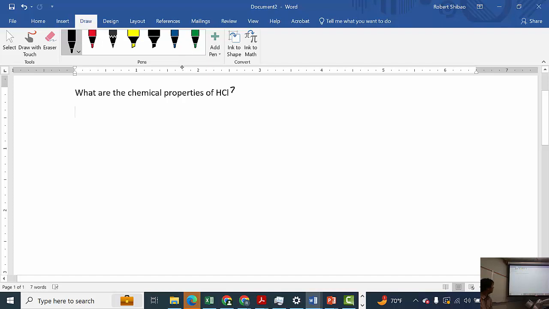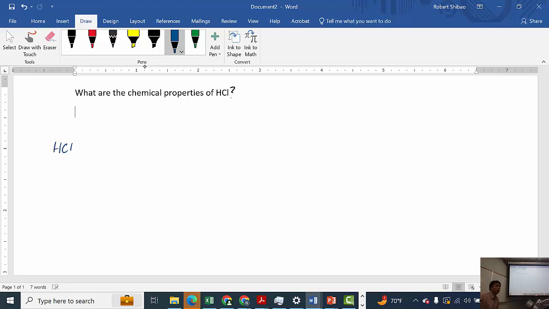What are the chemical properties of HCl? And so when we bring it down, what are the types of chemical reactions that we're going to look for? When there's metathesis. Yeah, so we just need to know, what are the metathesis reactions for HCl?